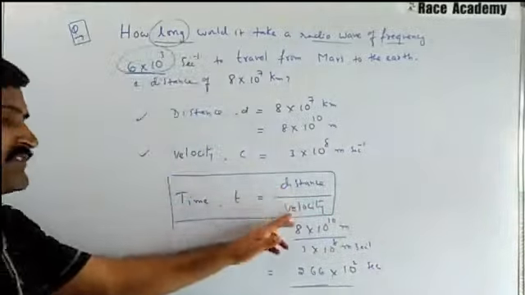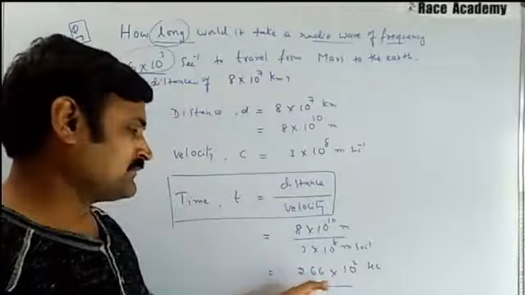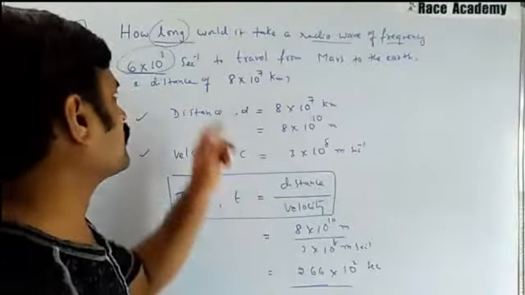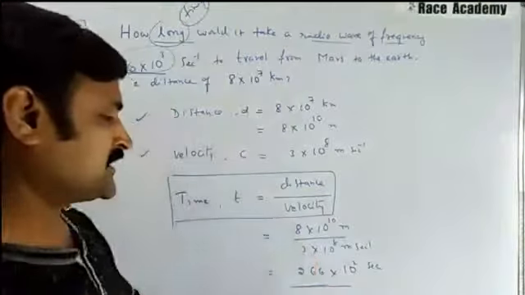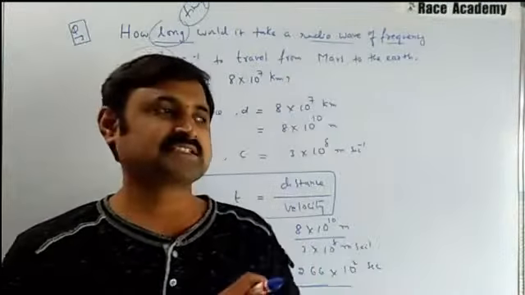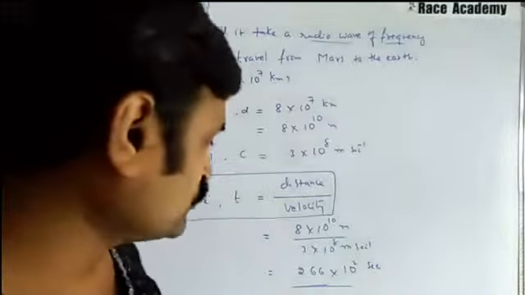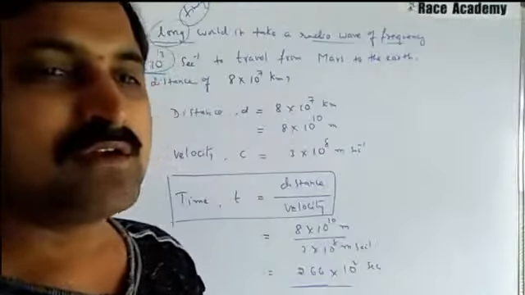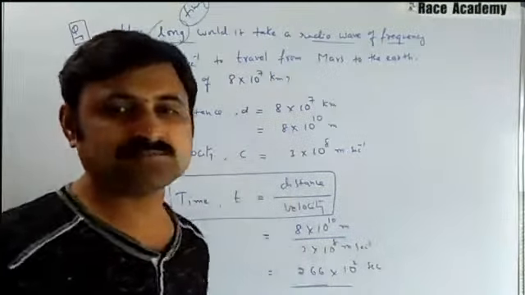The distance and velocity values are substituted with the same units, and we get the final answer in seconds. So how long means you have to find the time. We calculated 2.66 into 10 to the power of 2 seconds, which means about 266 seconds, so roughly 260 seconds is the answer for this question.